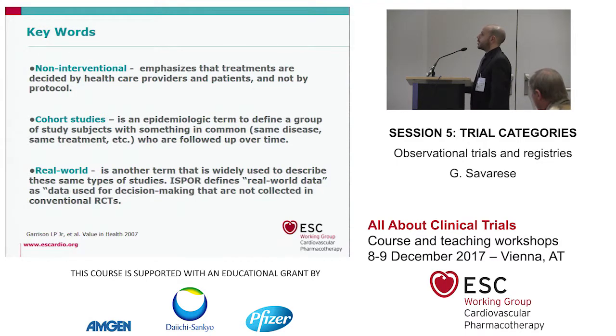And when we talk about this type of studies, we talk about real-world data, to distinguish this kind of study from randomized clinical trials, and to point out that these studies have really fewer inclusion and exclusion criteria as compared with randomized clinical trials. This means that data coming from these studies could be more representative of what really happens in daily clinical practice and in the real world.